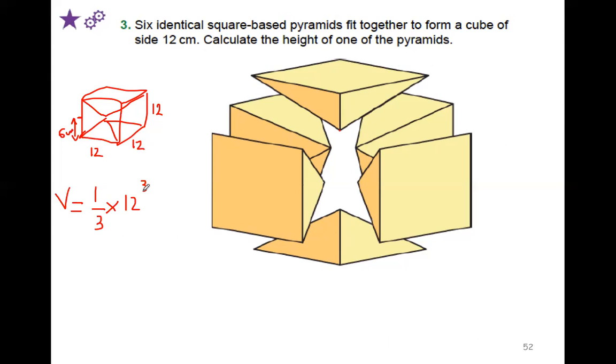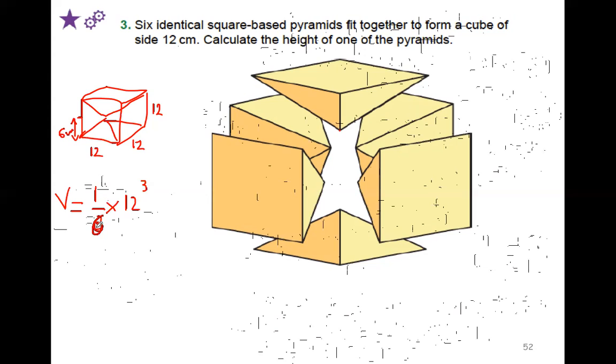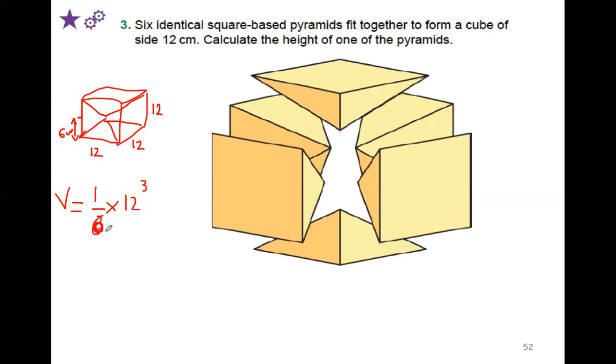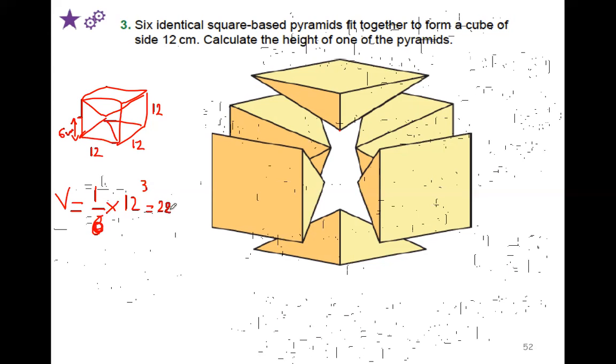Why a sixth? There's 6 of them, isn't it? A sixth of 12 cubed is 288 centimeters cubed. That's the volume of one small pyramid there.